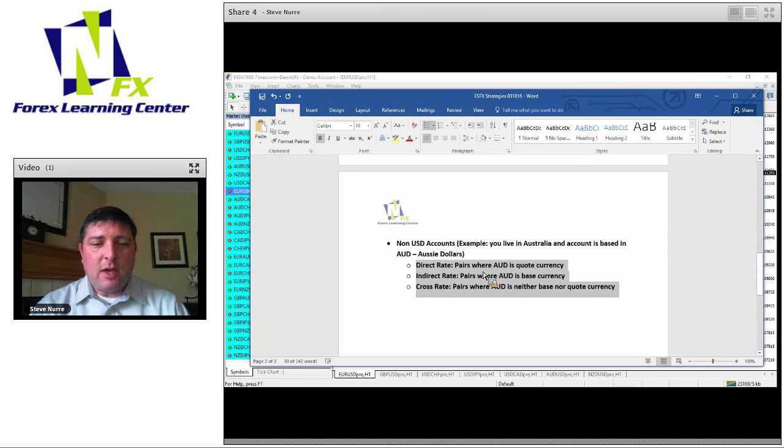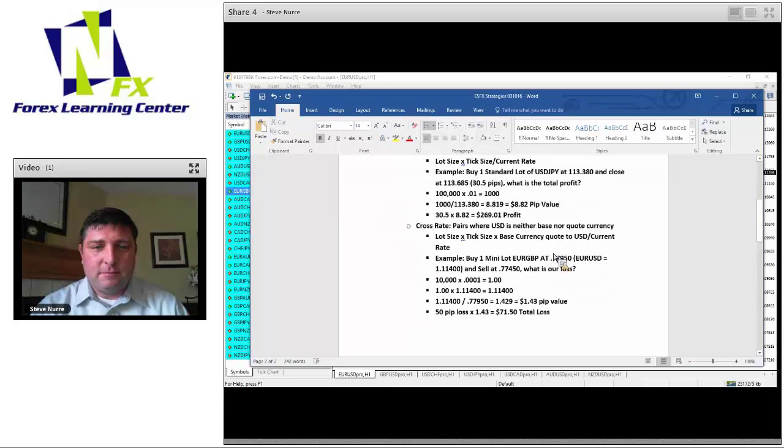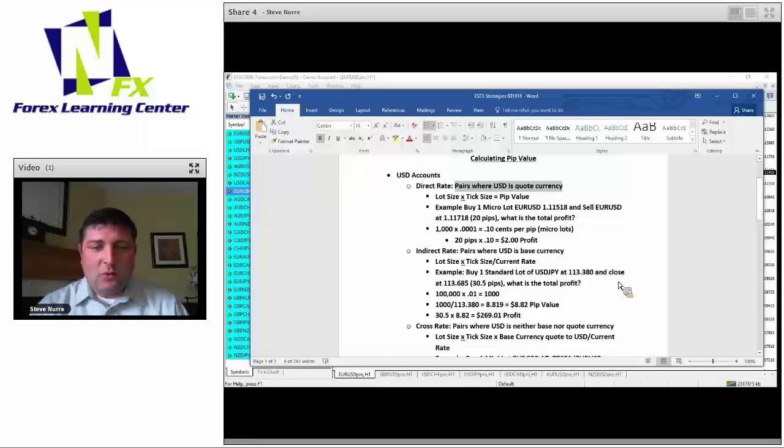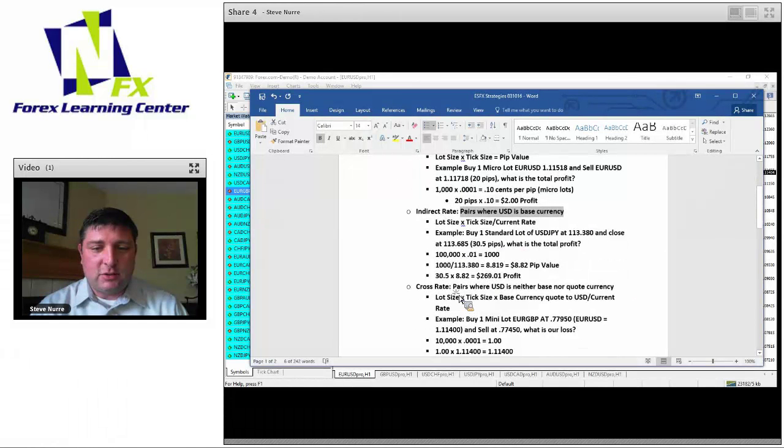All you have to do is, if you look up here on the top, you see direct rate pairs where the US dollar is the quote currency, indirect rate pairs where the US dollar is the base currency, and cross pairs are pairs where the US dollar is neither base nor quote currency. All you have to do is take out US dollar in all of these scenarios and replace it with Aussie dollar.